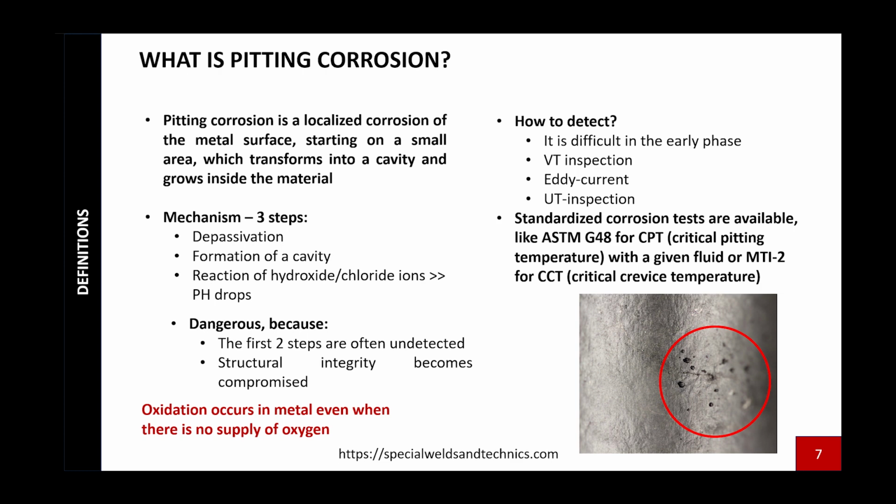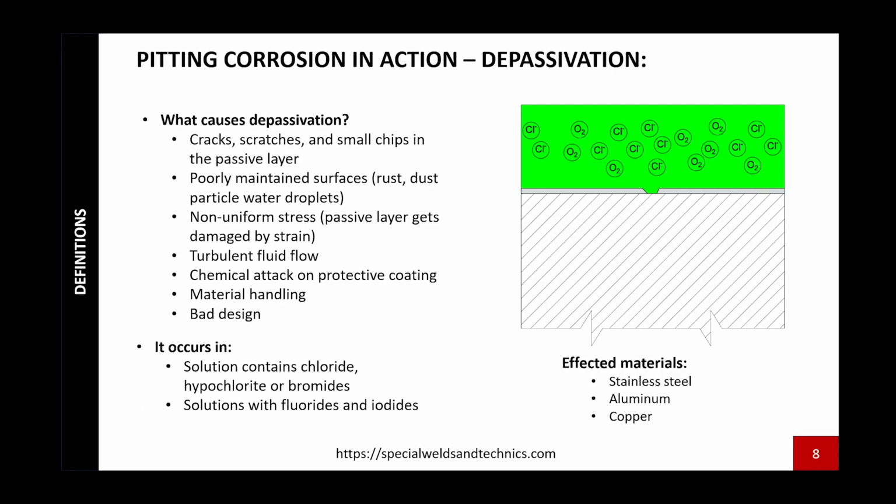To give you a better understanding of this type of corrosion, let's inspect the individual steps. For any corrosion system, we need the following 3 ingredients: damaged passive layer, a corrosive environment, and susceptible materials. The first step is the depassivation.